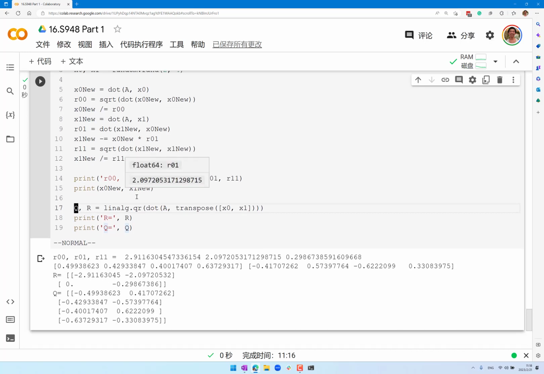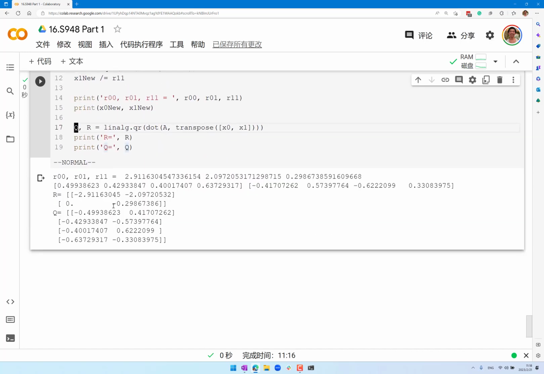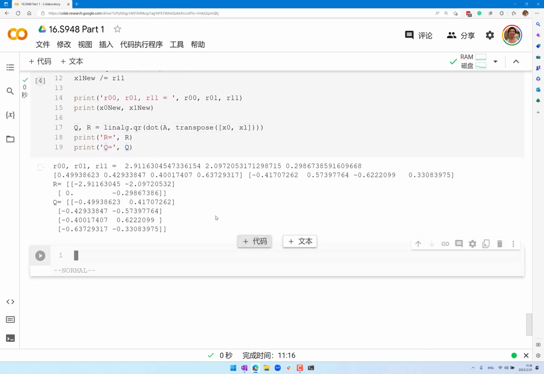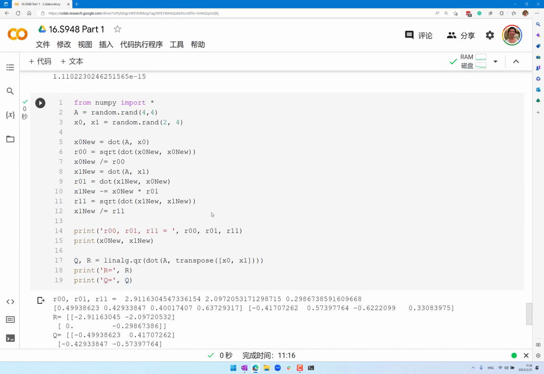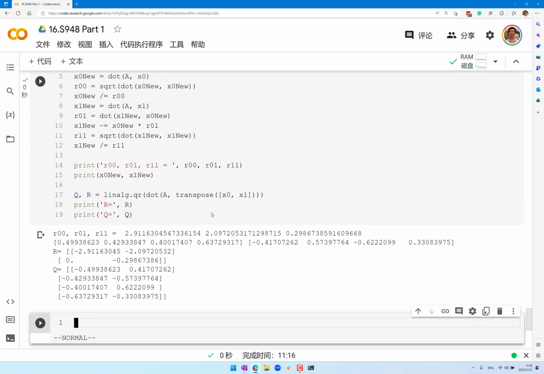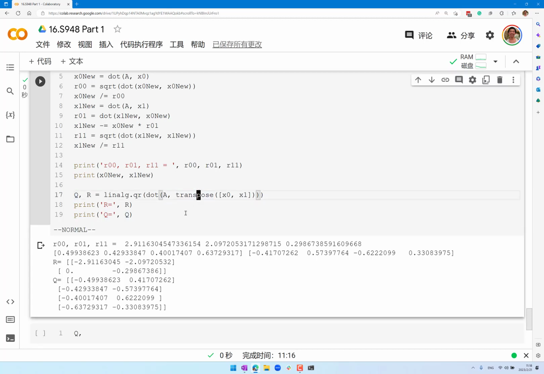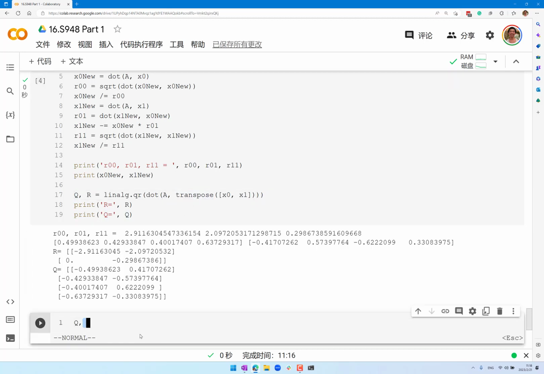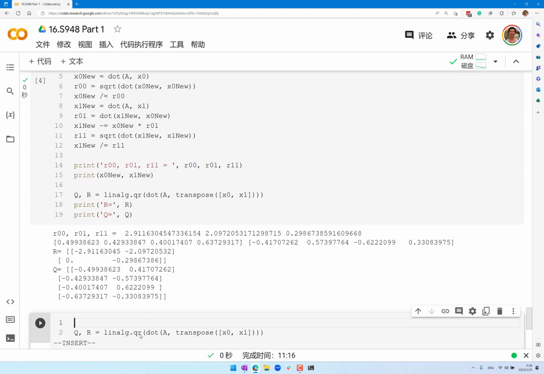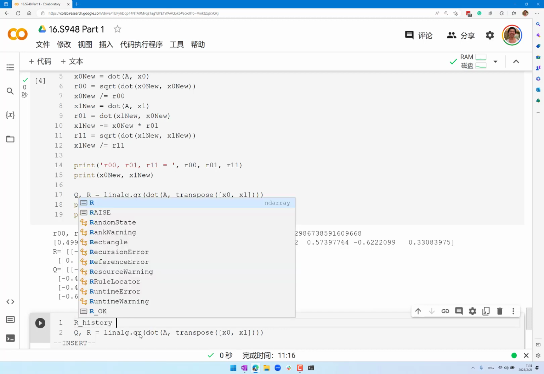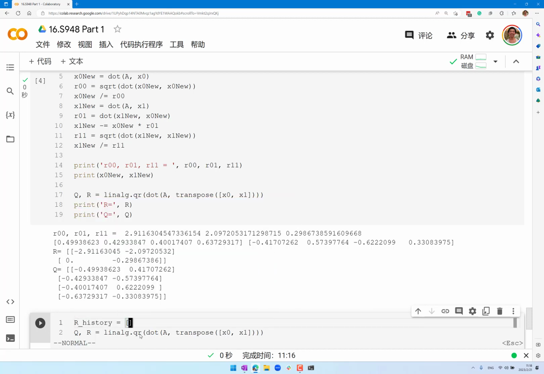All right, so let's keep the procedure going over here. We are going to start with Q. Let's just copy this. This is the beginning of the algorithm we started, and we are going to have a collection of R's, a history. Actually, let's just put the initial R into this history.